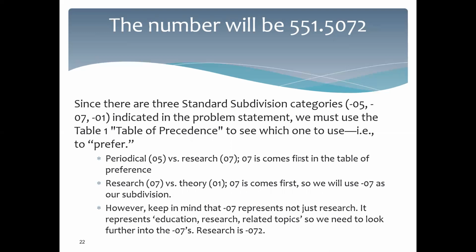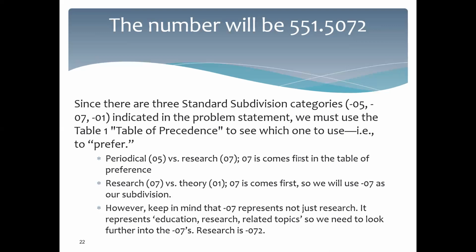Although the preference would be that you follow the table and choose research as your subdivision over theory or periodical, if you actually wanted to group your periodicals together, then you might choose periodical first and follow the rest of this.